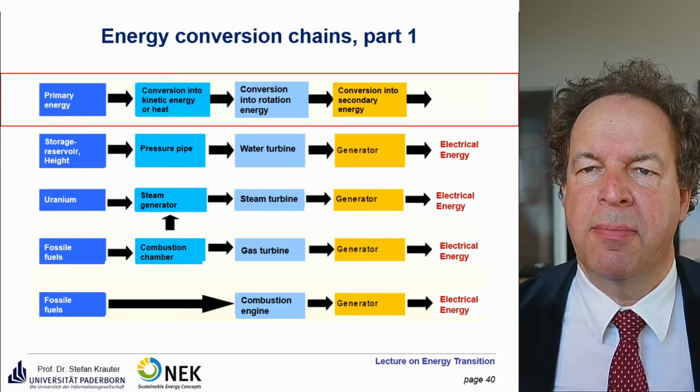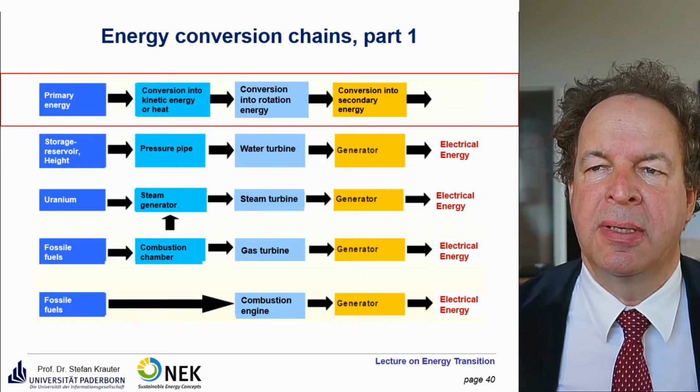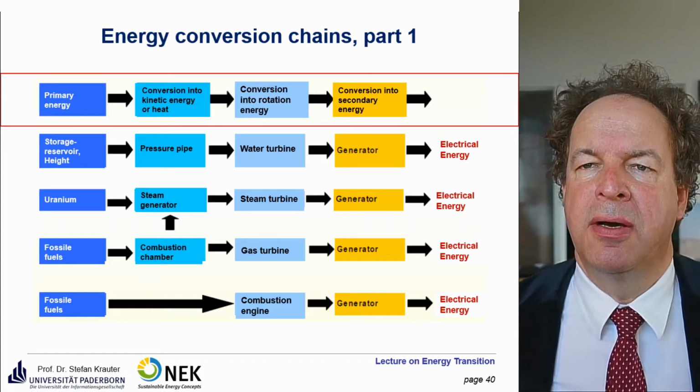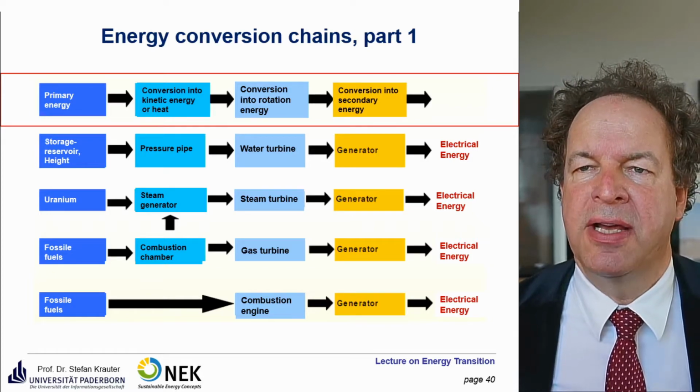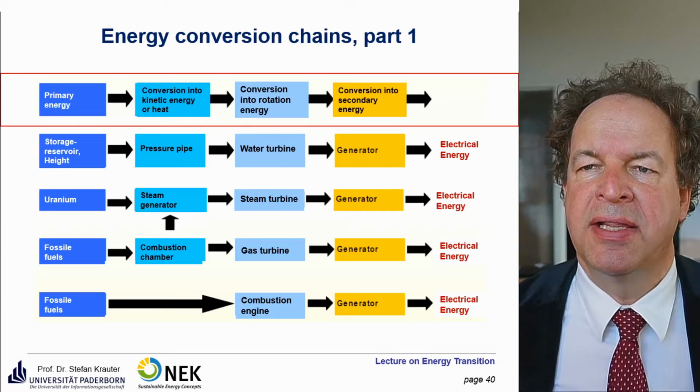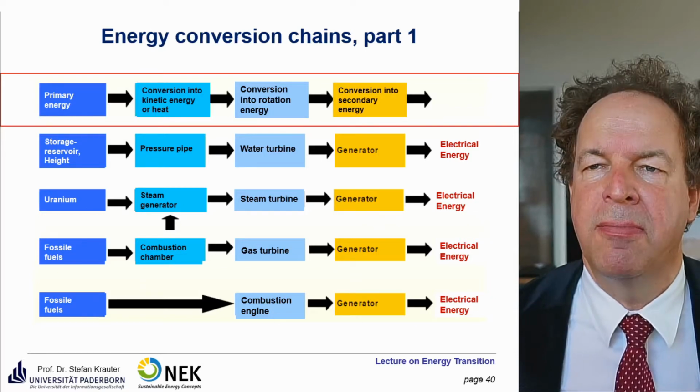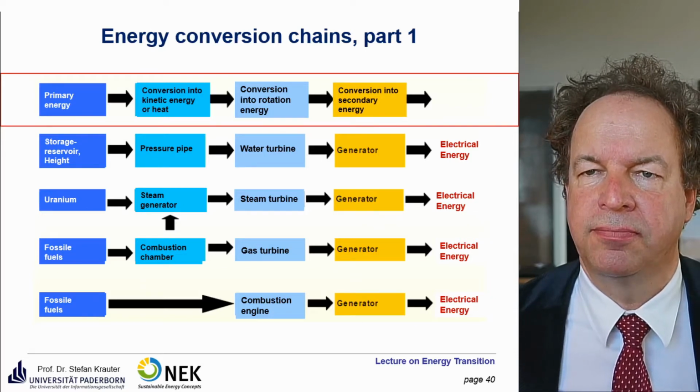Let's take the first example. We have a water reservoir. We put it through a pressure pipe, then onto a water turbine. Then we have rotation energy, and we convert that rotation energy into electricity via a generator.